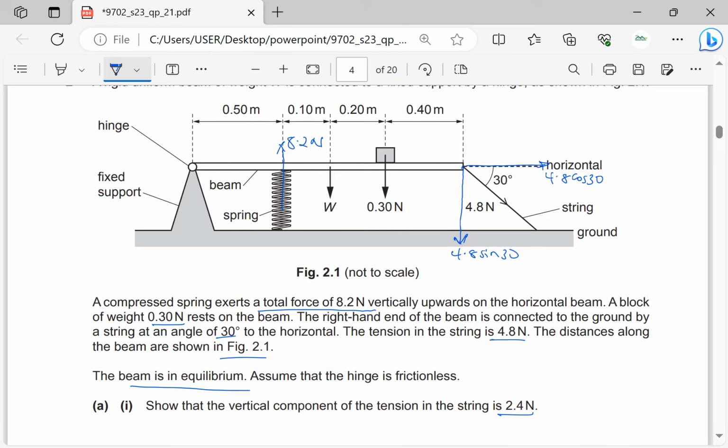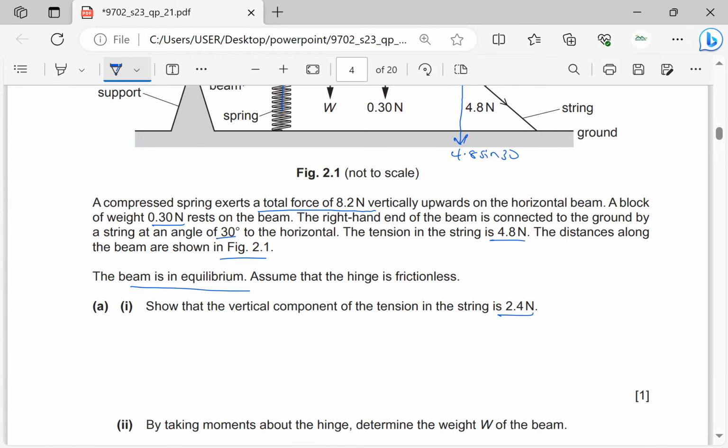We are interested in the one which is in the vertical. So I'll simply say the component is going to be equal to 4.8 sine 30, and sine 30 is a half. So when I press my calculator, I get 2.4 newtons.